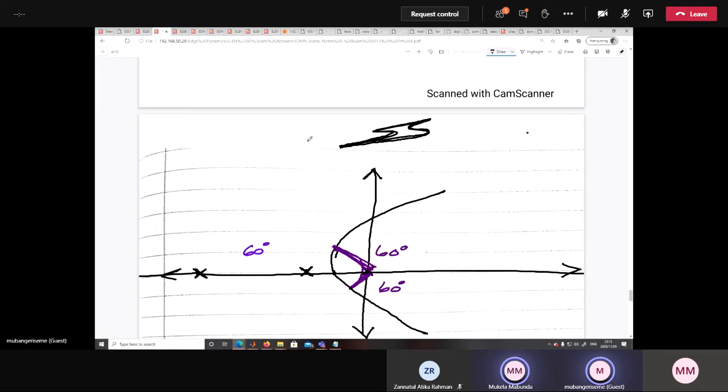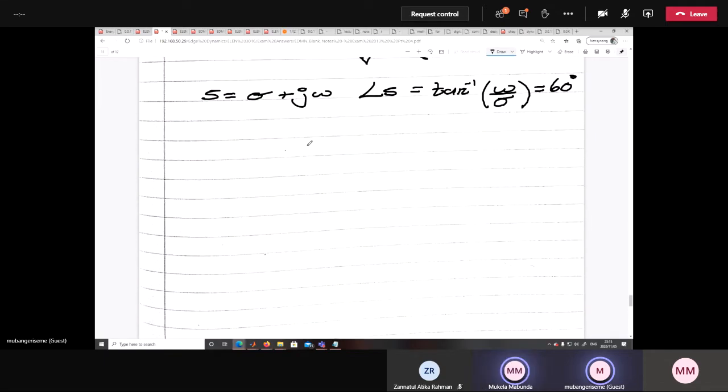Okay, so coming back here, your desired pole is minus zeta omega n plus or minus j omega n square root 1 minus zeta squared, okay? That's what you're saying.